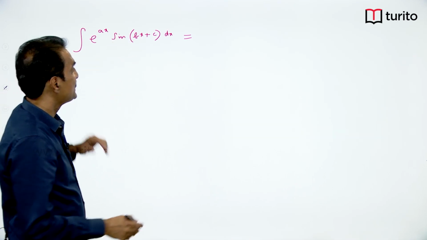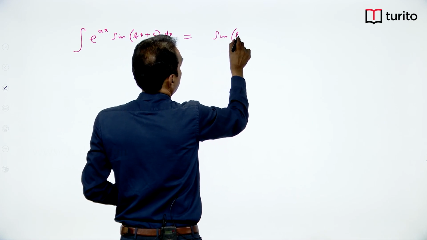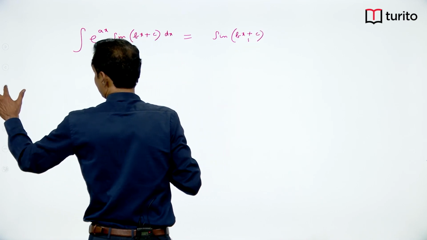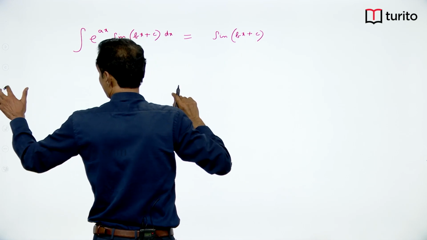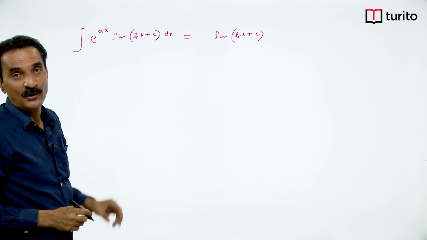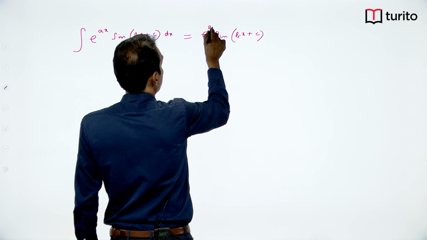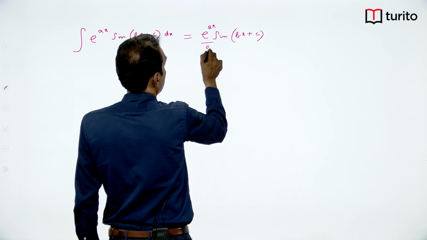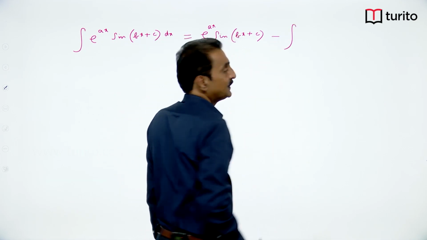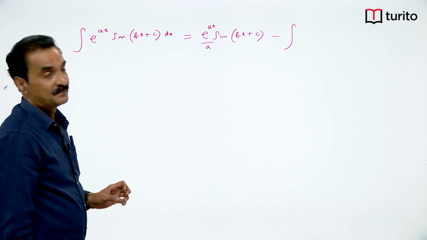First function sin bx plus c into integral of the second function, integral of e power ax, which is e power ax by a, minus integral of the derivative of the first function.